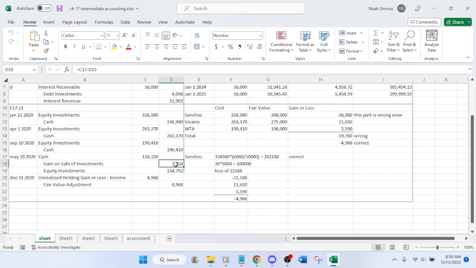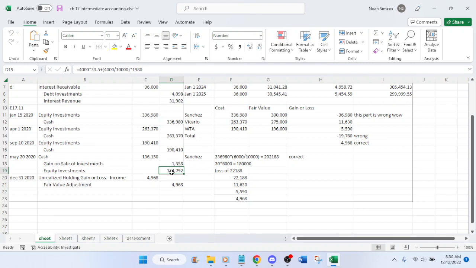Gain on sale. Okay, and then the equity investments decreased. So we have 4,000 times the original plus 4,000 divided by 10,000. I know how to do it. I was able to do that one correctly.